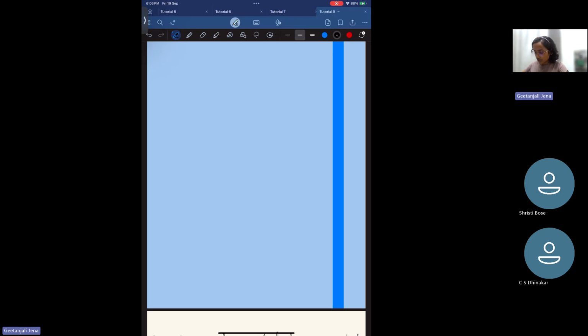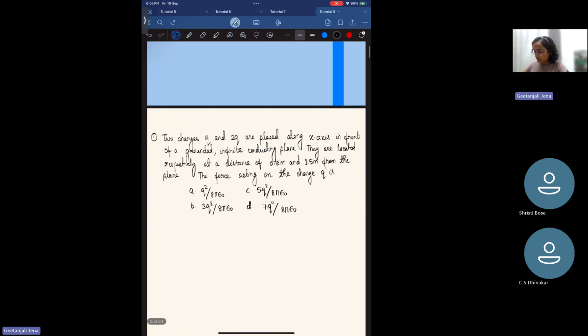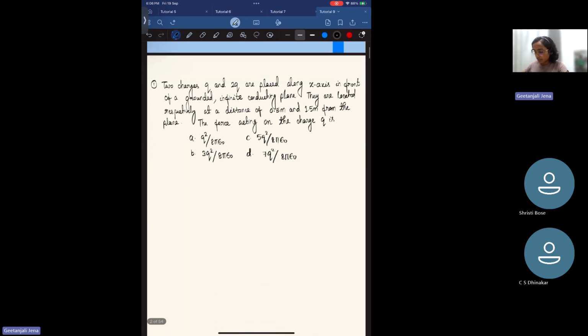The first question is based on the method of images. There are two charges, Q and 2Q, placed along the x-axis in front of a grounded conducting plane, located at distances of 0.5 meter and 1.5 meter from the plane respectively.